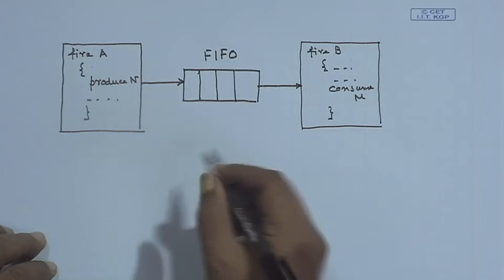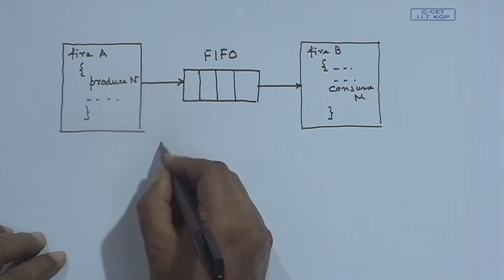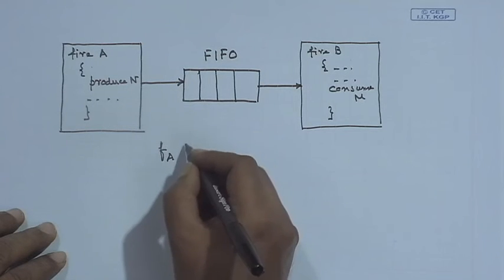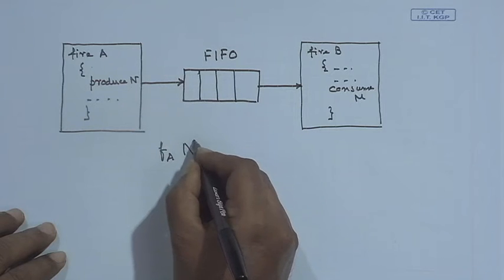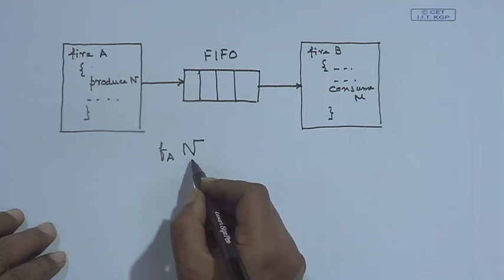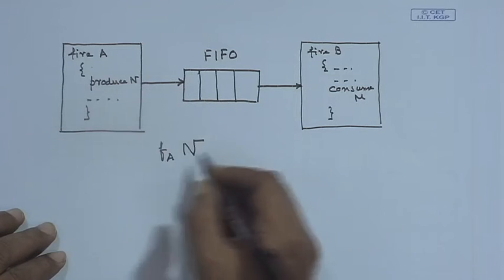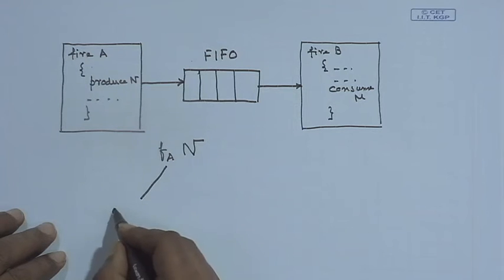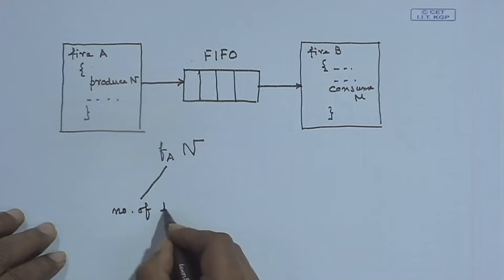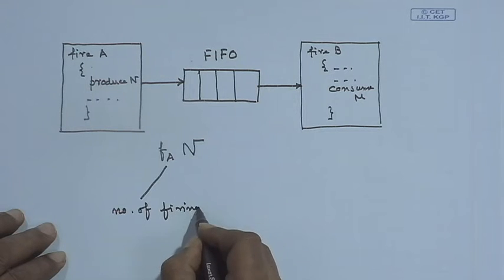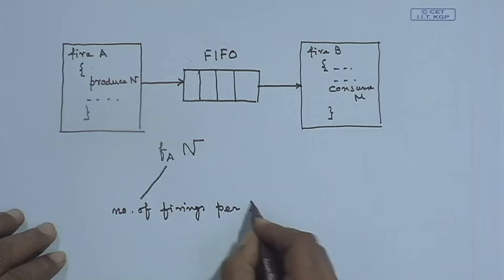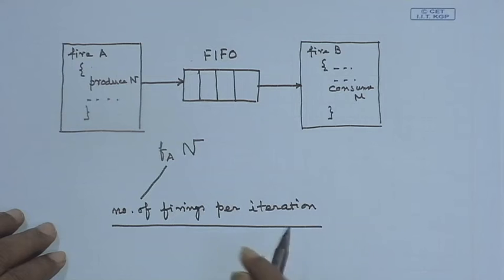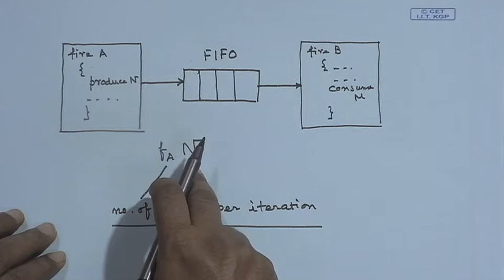The condition is, if by f a I denote the number of firings per iteration, and n is the number of tokens produced, then I am producing so many, right.